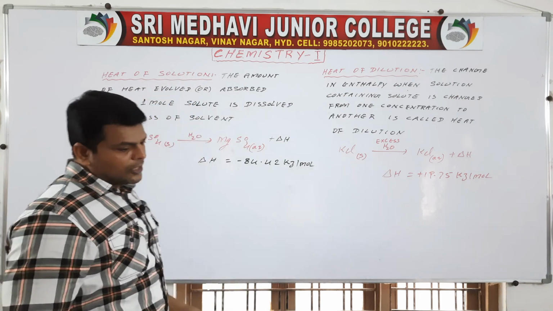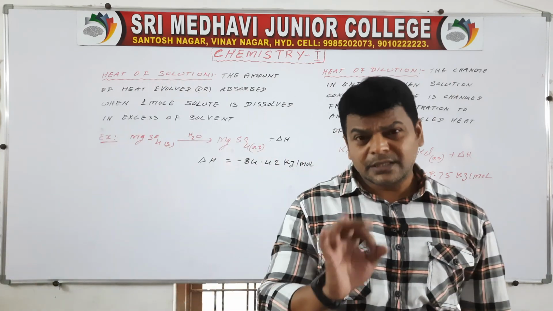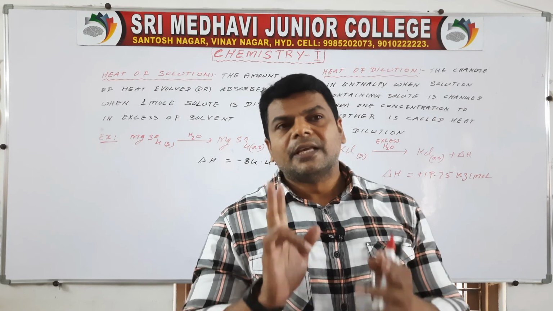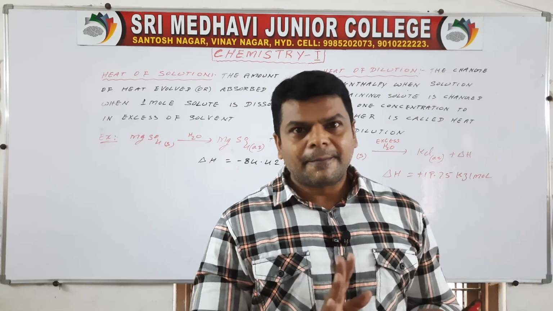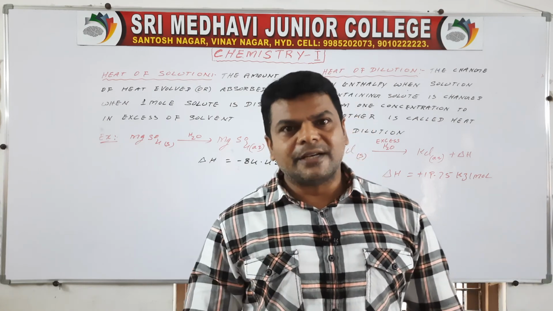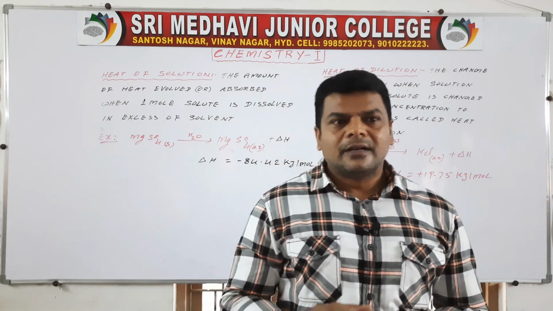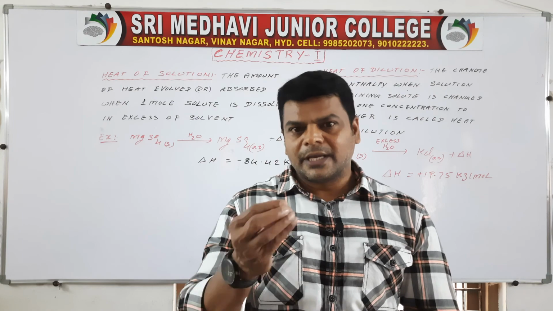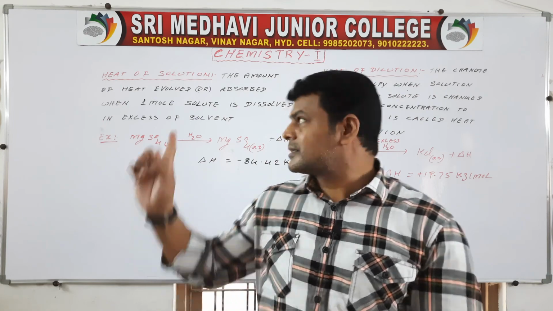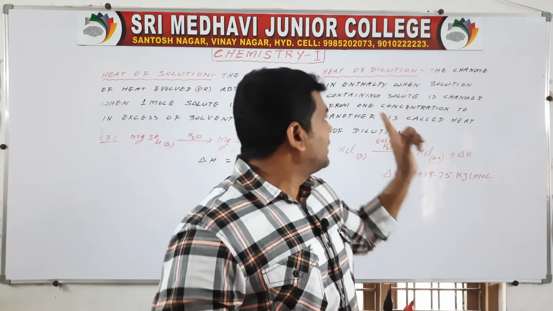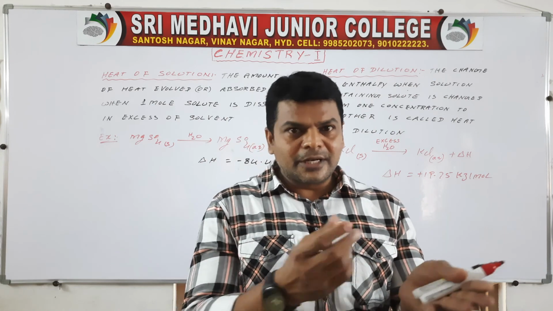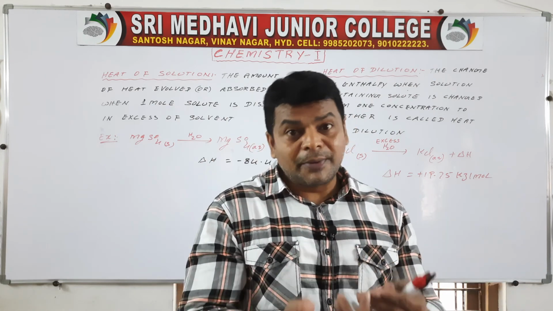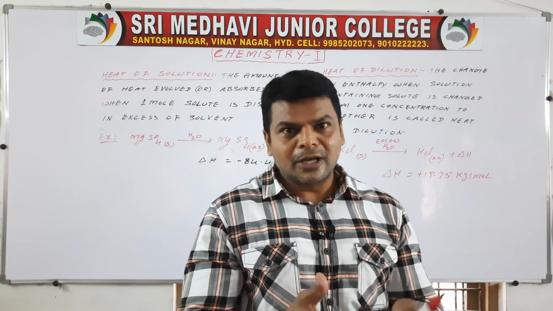Don't confuse them. Chemistry language is different from general language. Sugar added to water forms a solution, and the heat evolved or absorbed is called heat of solution. Next, adding some more water to the same solution, does the enthalpy change or not?